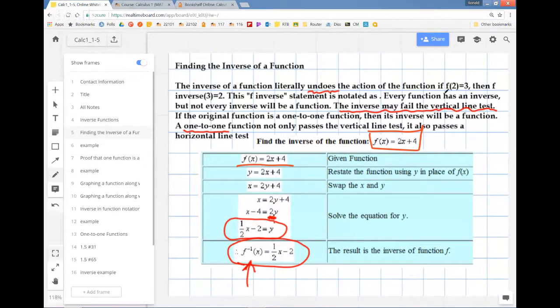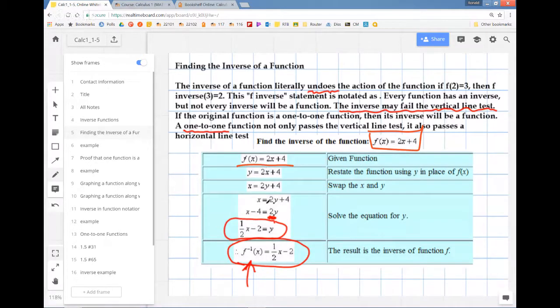If f of 2 is 3, then f inverse of 3 is 2. Notice that the ordered pair is literally inverted. Every function has an inverse, but not every inverse will be a function. So we can always find an inverse, and that's what I'm interested in, being able to find the inverse. And then we will note whether the inverse is a function or not.